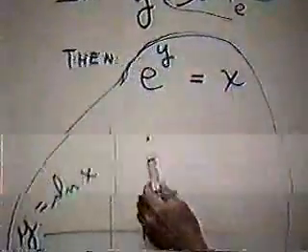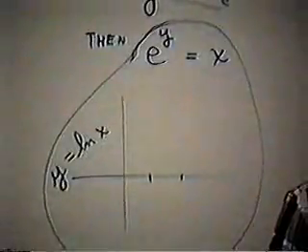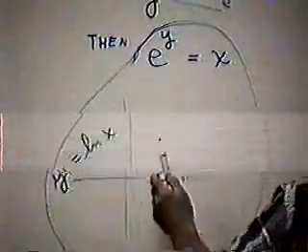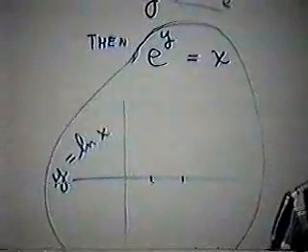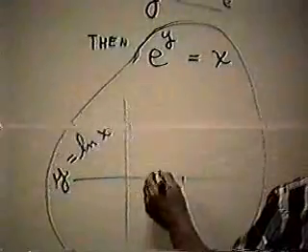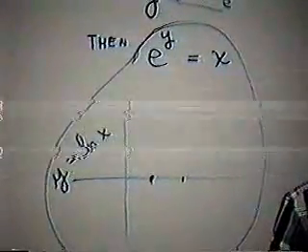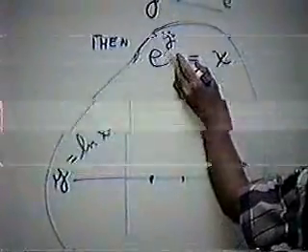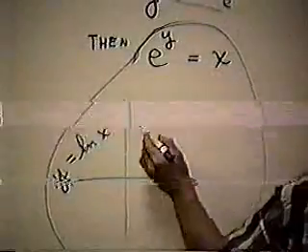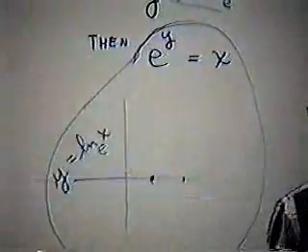If I let x be 1, the log of 1 is 0, because e to the 0 power is equal to 1.